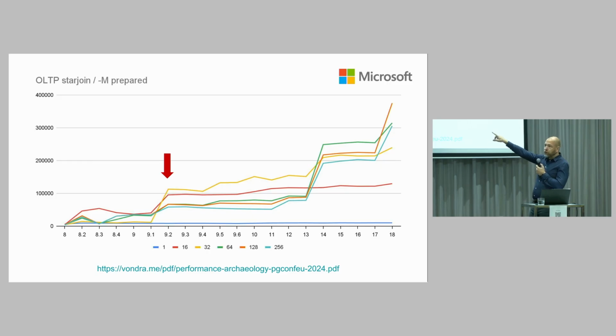The jump in throughput with many clients improved significantly. There are other improvements for Postgres 14 and so on, but the jump for 9.2 is pretty significant, and that's exactly the fast path locking. But we still do not benefit from that if we have too many OIDs to actually lock, right?